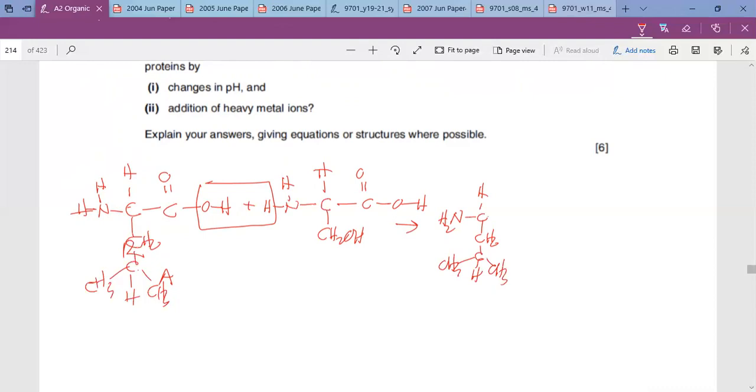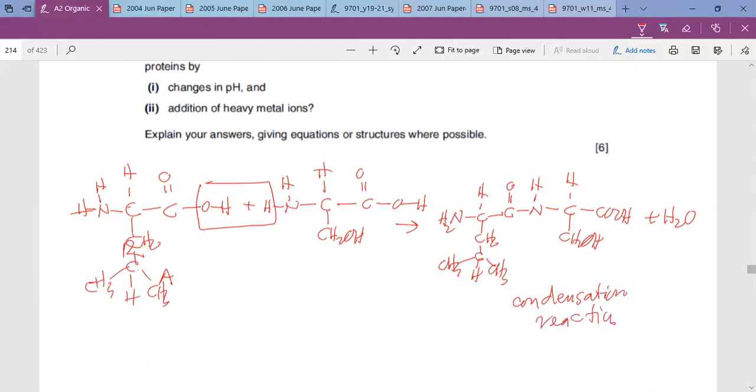Now this is the peptide linkage. C double bond O to NH here, CH here, and CH2OH here, and your COOH here, plus water. Now this is called a condensation reaction.